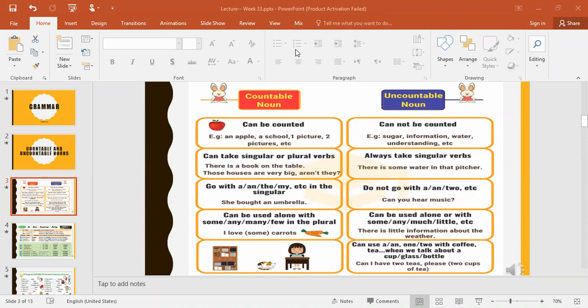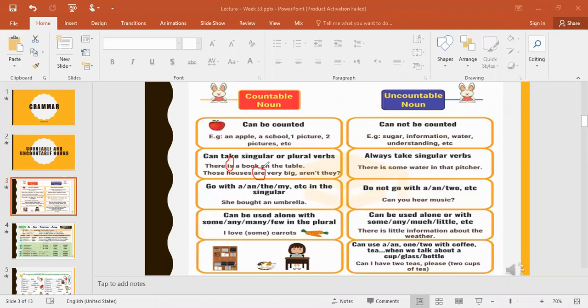The second difference, which is very important, is that the countable nouns can take singular or plural verbs. And let me show you how. There is a book on the table. Those houses are very big. Is and are what?